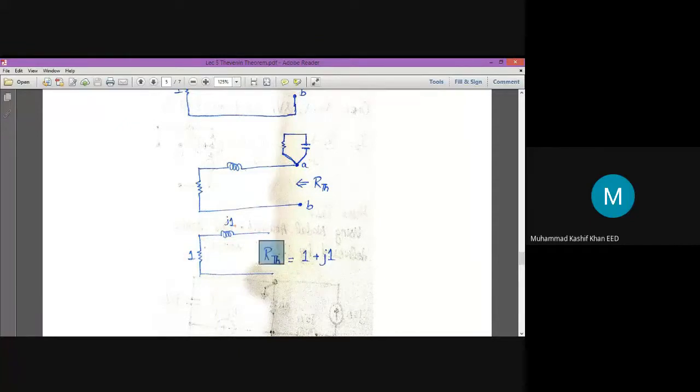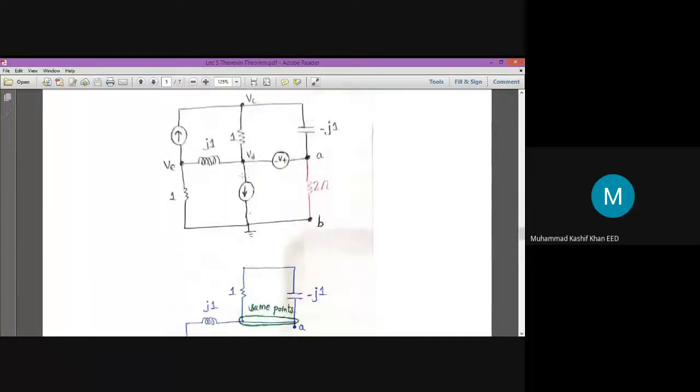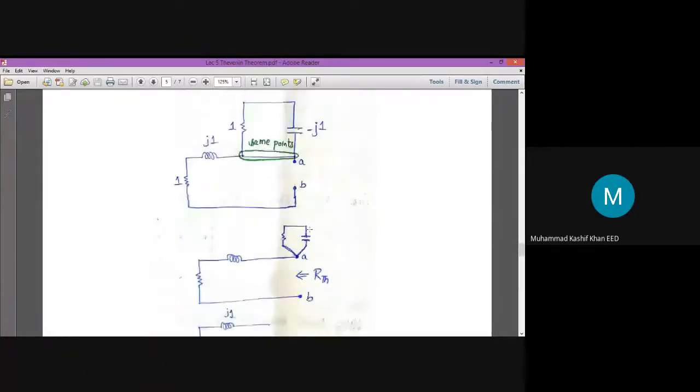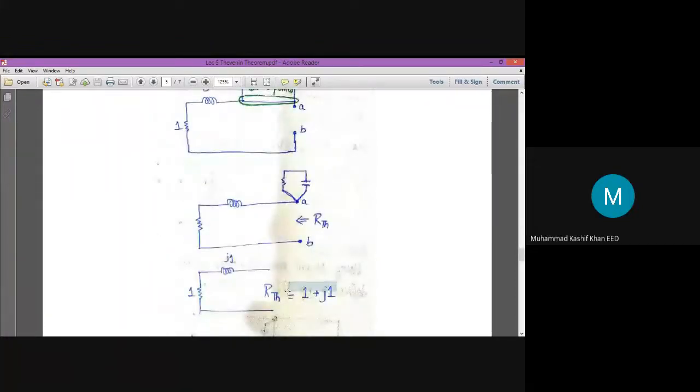This is ZTH, this is not RTH. So this was a complete complex circuit, but we simplified it. At the end of the procedure, we only got this simple circuit, and that is representing the Thevenin equivalent impedance.